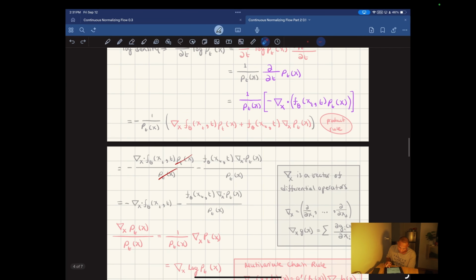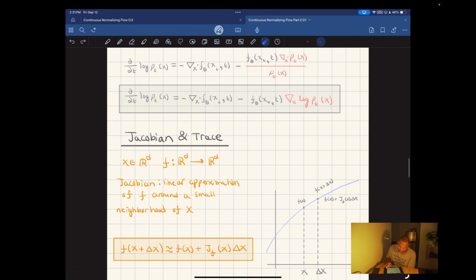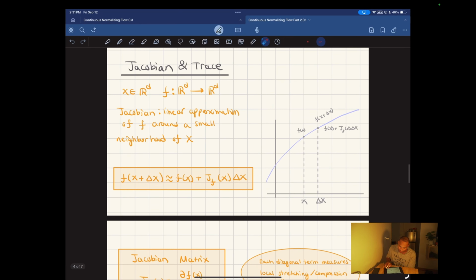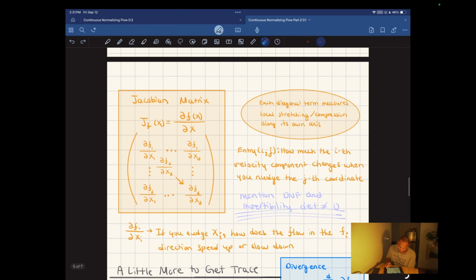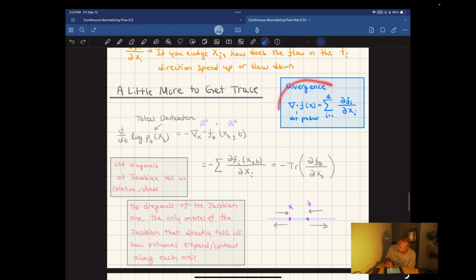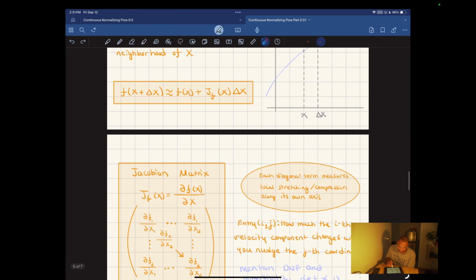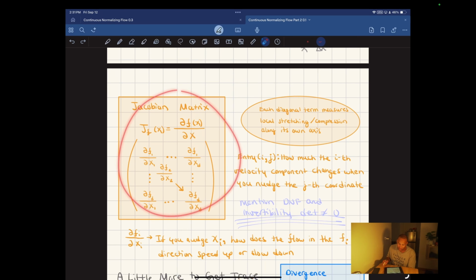So, okay, I'm gonna show you how that equals what's called divergence, which is equal to the trace of this Jacobian matrix. Okay, so what is the Jacobian?